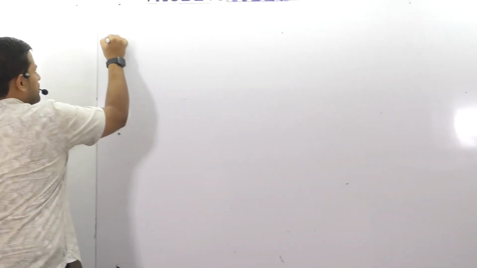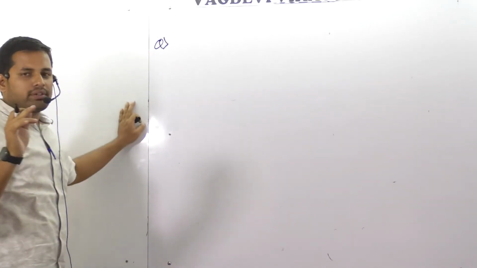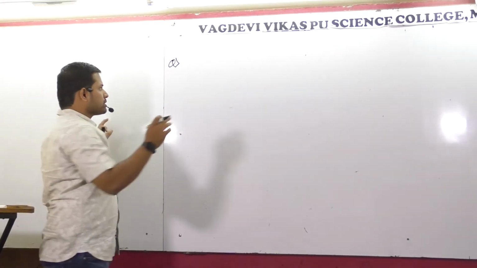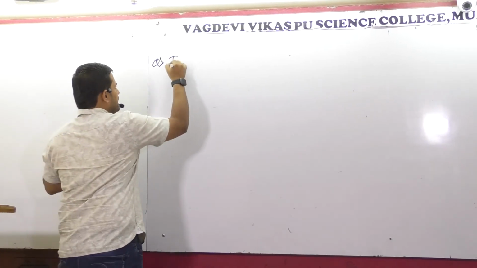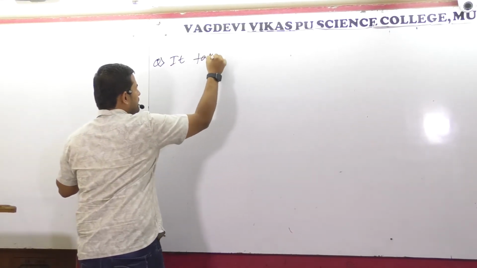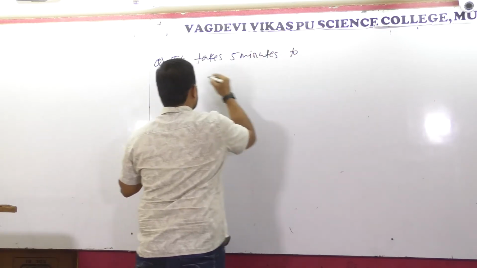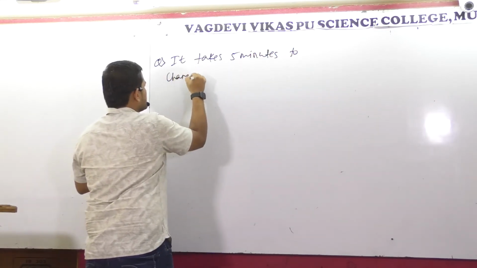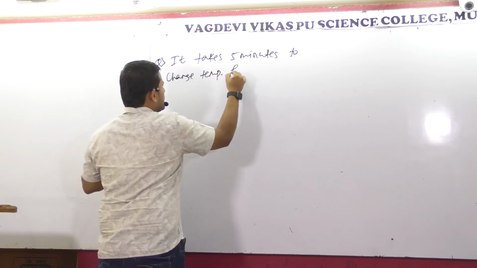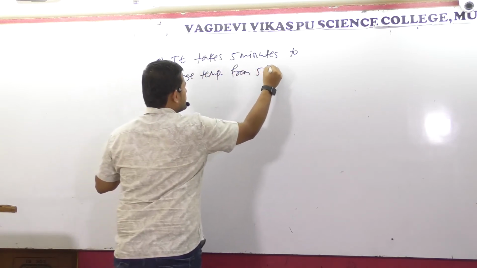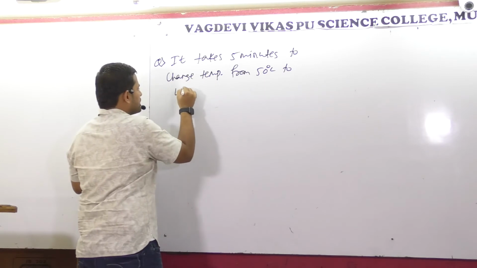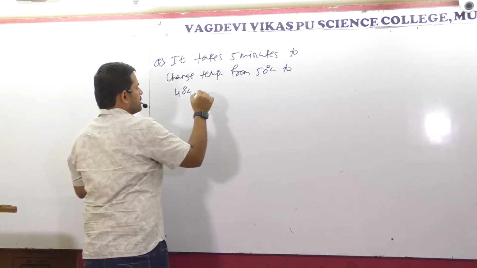So let us take one more question. You understood the basics of Newton's law of cooling. Let us take one more question. Very important. It takes 5 minutes to change temperature from 50 degrees Celsius to 40 degrees Celsius. Okay?